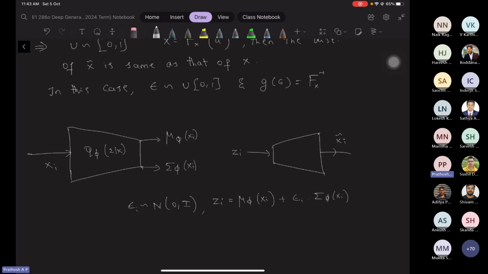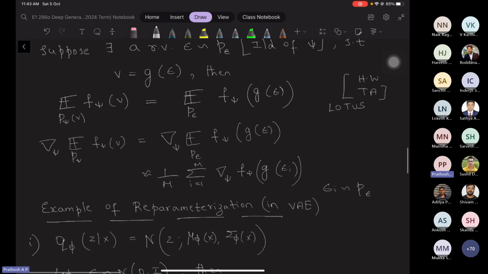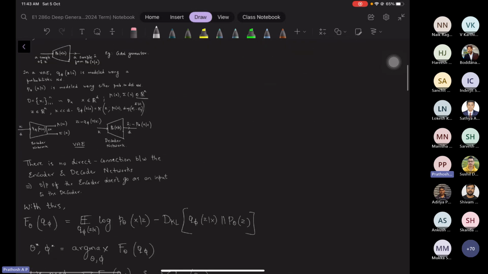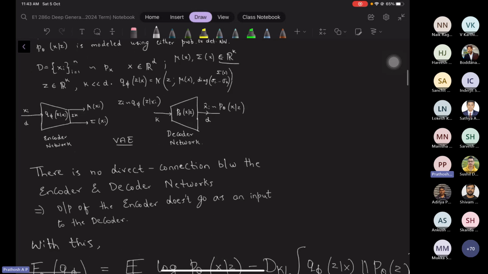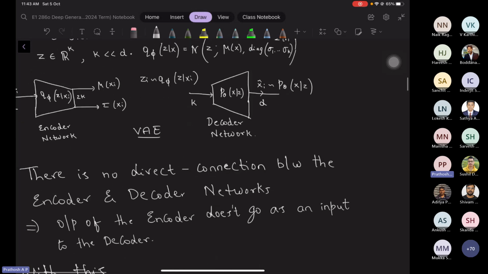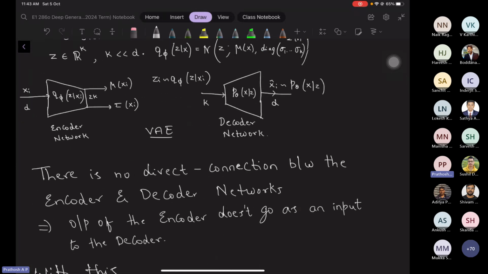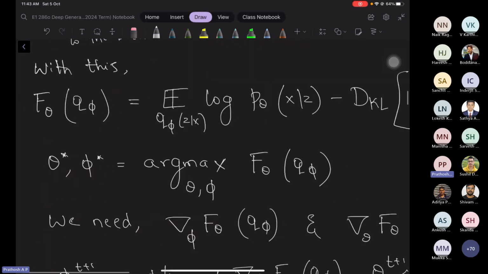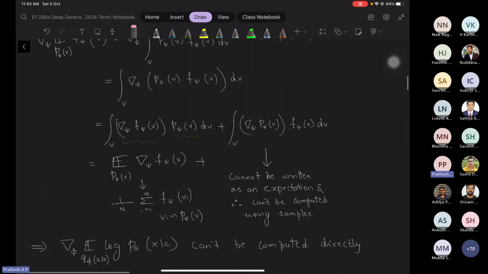You understood, no? So do you see the difference between these two? Here what we are doing is that we started from x i, got a mu and sigma, sampled z i using that mu and sigma directly from q phi, and then gave that z i. Here when we reparameterize, what did we do?